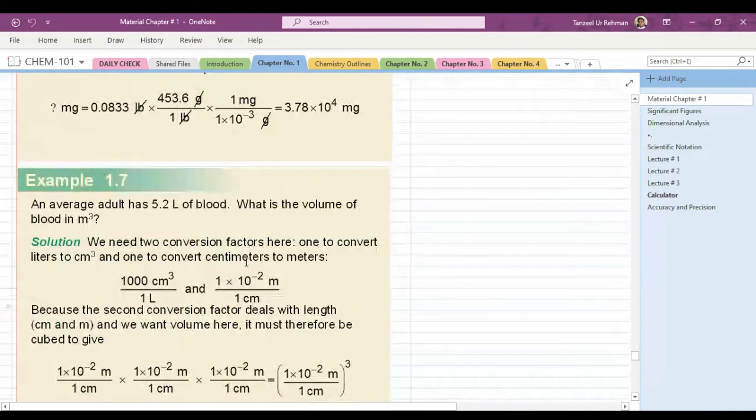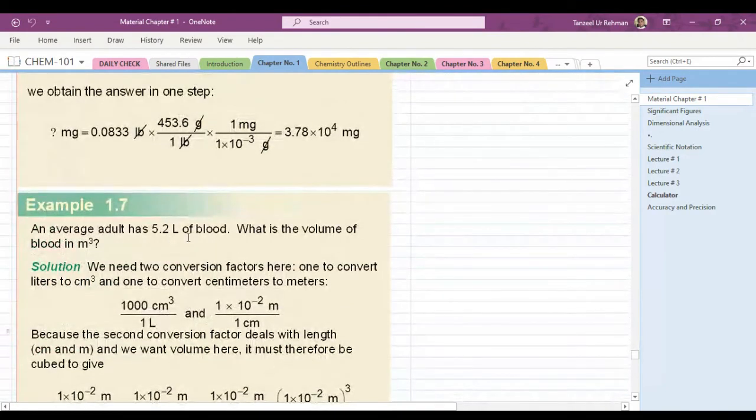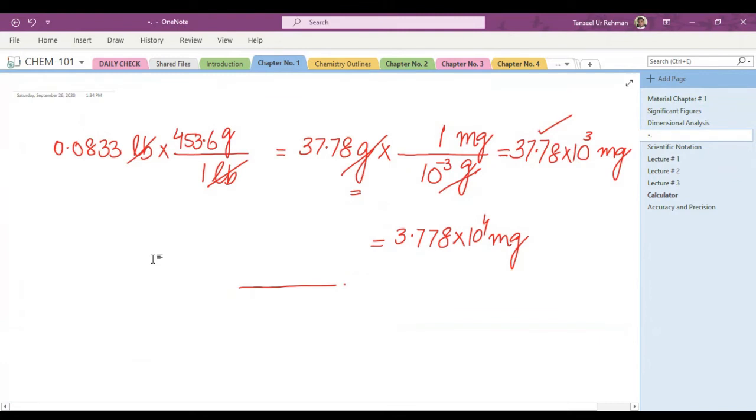Okay, our next example is an average adult has 5.2 liters of blood. Okay, what is the volume of blood in meter cube? So we are going to convert 5.2 liter to meter cube. Okay, let's do it. 5.2 liters.